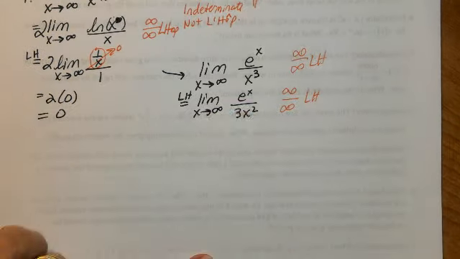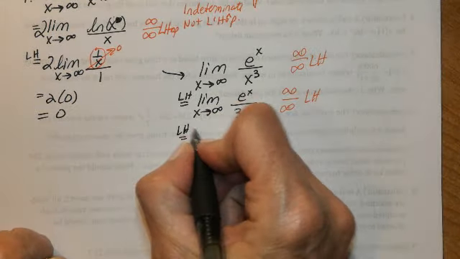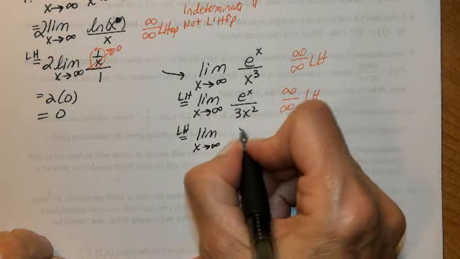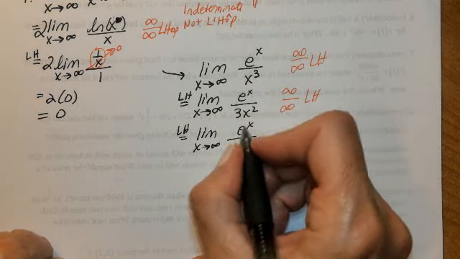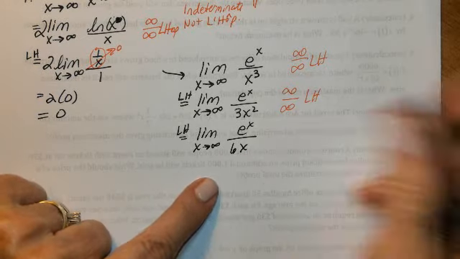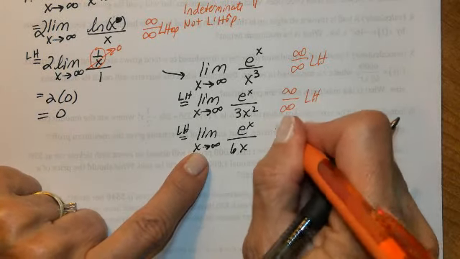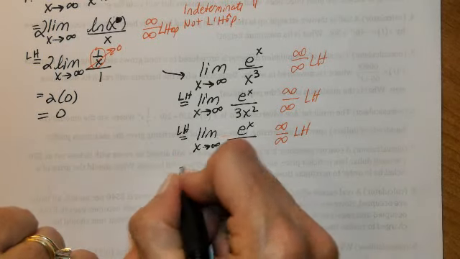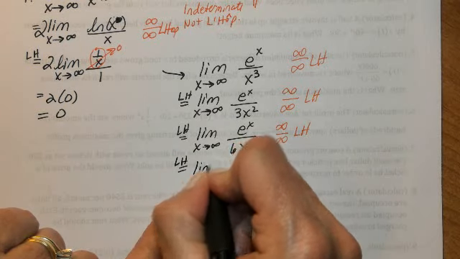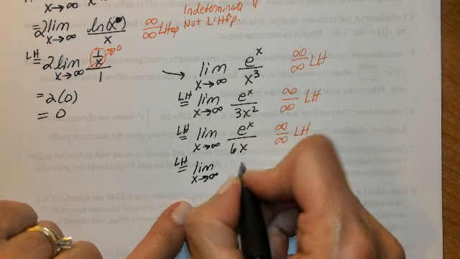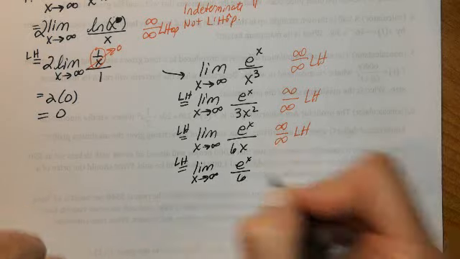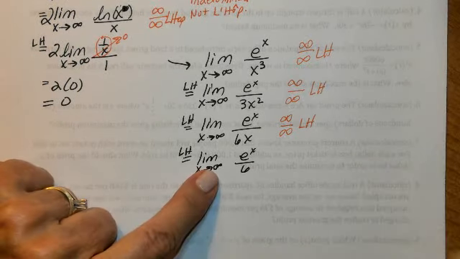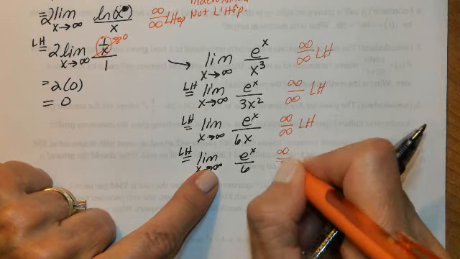Another L'Hopital's. The derivative of e to the x, the derivative of 3x squared. Plug in infinity. Infinity over infinity. Another L'Hopital's. What's going to happen here? We finally get down to e to the x over 6. Plug in infinity. We get infinity divided by 6.